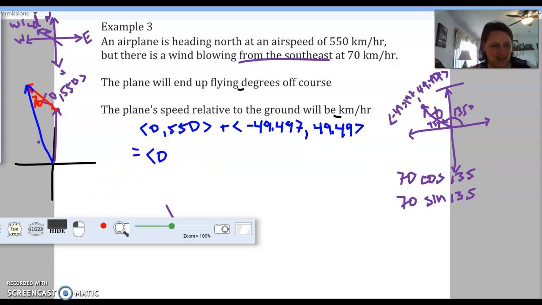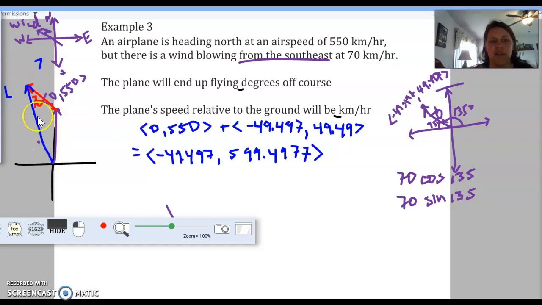We get the vector negative 49.497 and then 599.497. Now this is the component form for my new vector here. So this is what happens to my airplane. This is where it's actually going to end up. Instead of at the point 0, 550, it's going to blow us this far off of course.